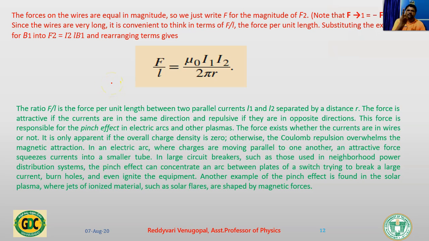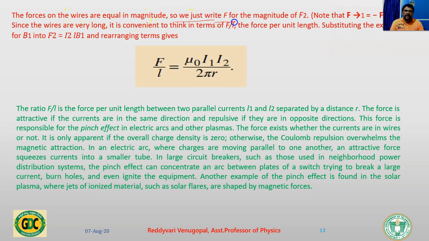So we can interchange the wires. If you take this wire, you can calculate the magnetic field at the other wire, and if current is flowing through it, we can calculate the force acting on it. Like this, we can interchange. So the forces on the wires are equal in magnitude.